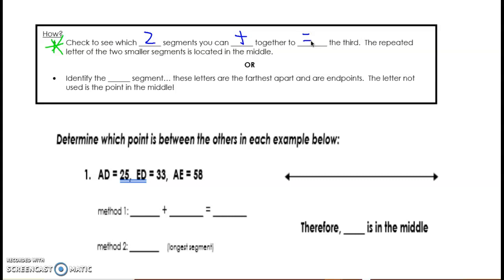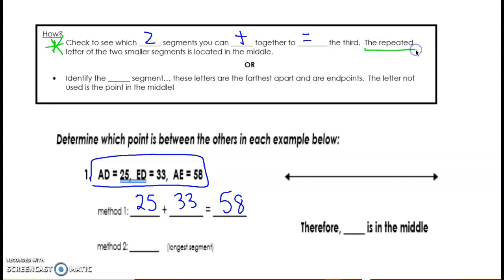So which two numbers there can we add together to get to the largest number? And we're looking at these right here. So hopefully you're able to see that we would be able to add 25 and 33 to equal 58. Once you have identified that, again, if we go back up to method number 1, we're looking for the two smaller segments we're adding, and the repeated letter of those two smaller segments is located in the middle.